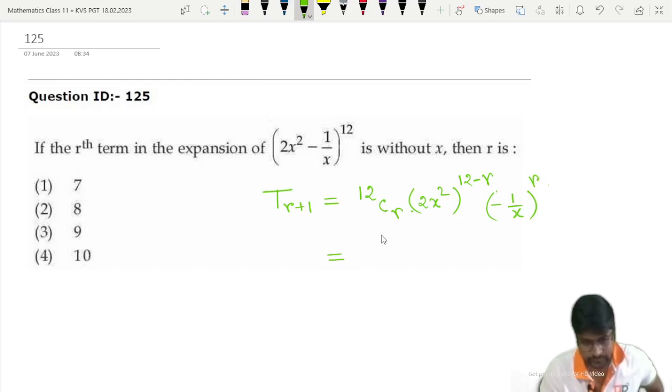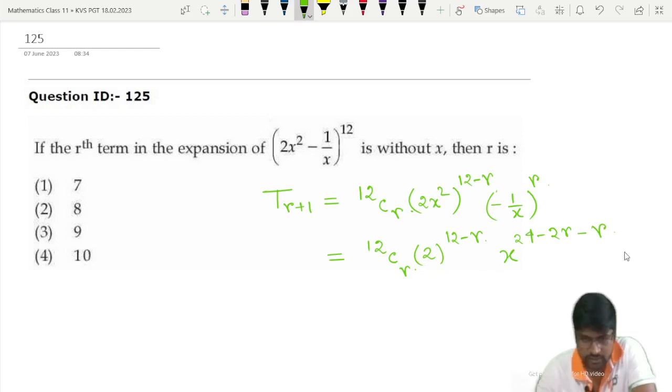So this will give us 12cr into 2 to the power 12 minus r into x to the power 24 minus 2r and minus r. And minus 1 whole to the power r will be outside.